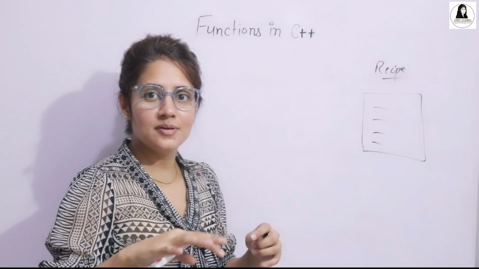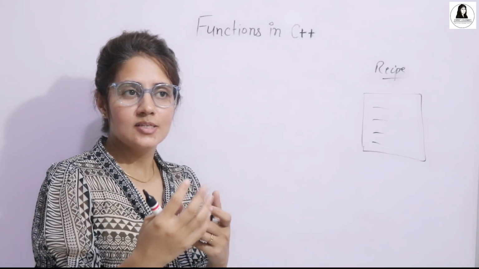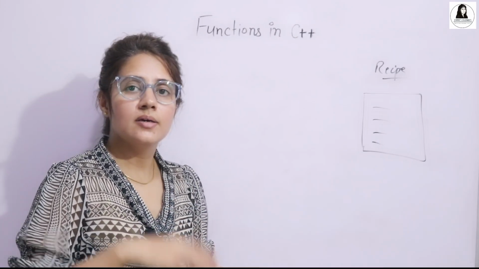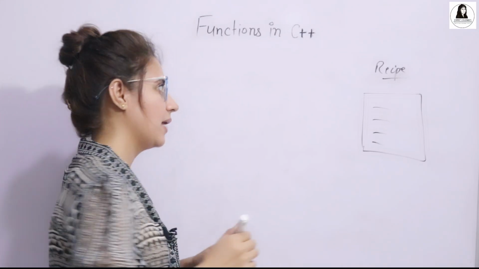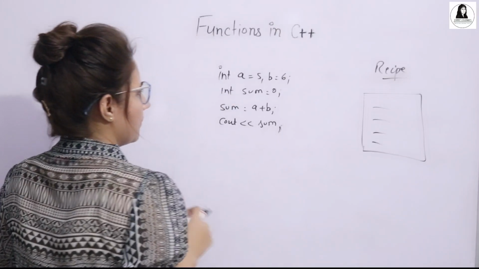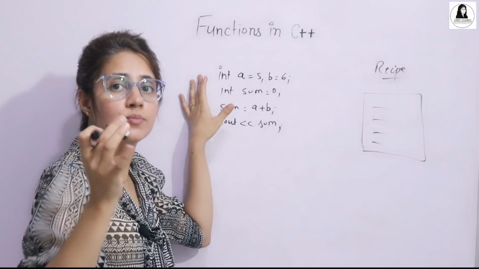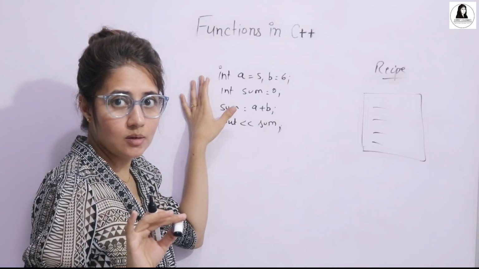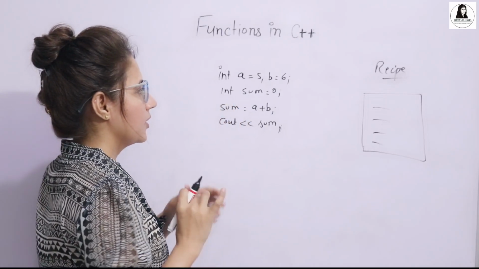So the same concept, this kind of thing, we can relate to programming. Suppose you want to calculate the addition of two numbers. I'm taking the simplest example. You will write these 4 steps. If you don't want to take input from the user, we can use cout. So this is how we can calculate the sum.